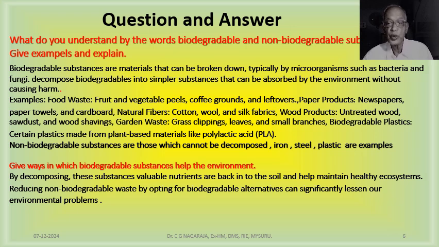Examples: food waste, natural fabrics, garden waste materials, and certain other materials also. Non-biodegradable materials are those that cannot be broken down by microorganisms. Examples are iron, steel, and plastic.